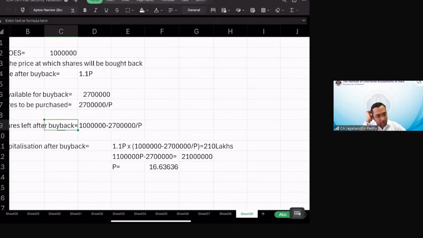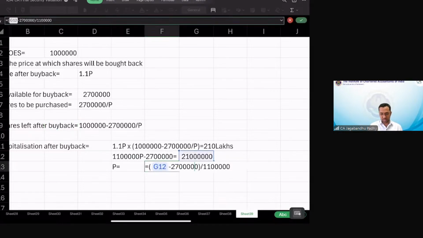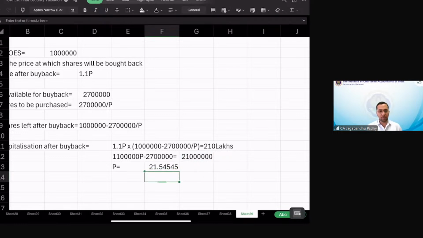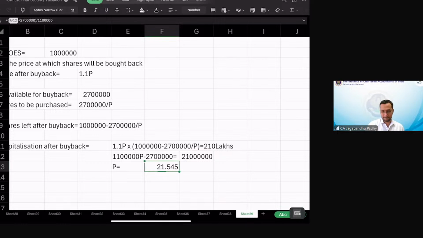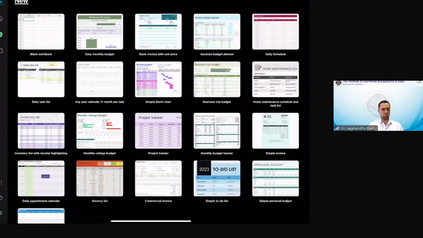11 lakh into P minus 27 lakh should be equal to 210 lakh, so 27 lakh will be added. I made a mistake.